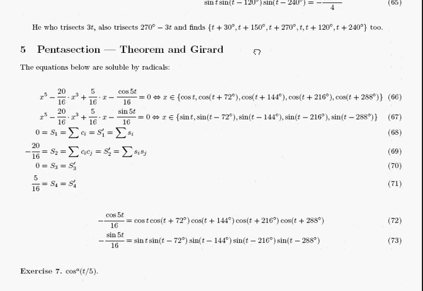Now pentasection. The equations below are solvable by radicals. Nothing new. Here is the equation. Here is the solution. Here is the equation of sines. Here is the solution of sines. 0 is the sum of cosines, minus 20 over 16 is the sum 2 by 2, 0 is the sum 3 by 3, and 5 over 16 is the sum 4 by 4.